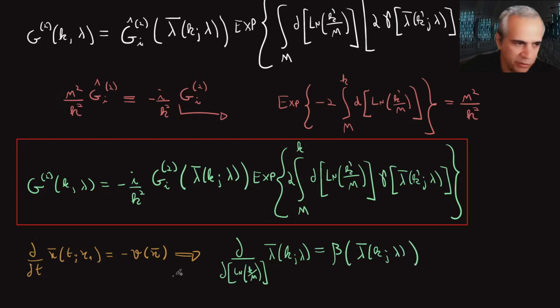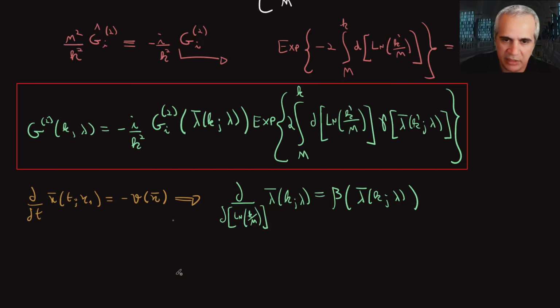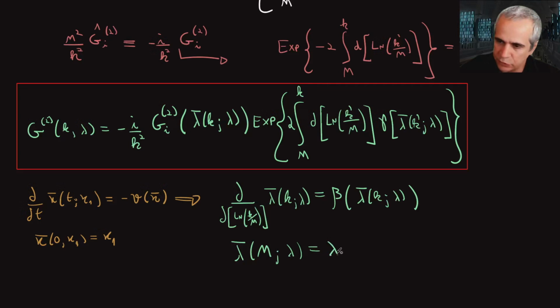With the initial condition, remember for this guy, the initial condition was that x bar of 0, x1 was x1, right? So that translates to lambda bar. Remember, time 0 means momentum equal to the renormalization scale. Lambda is equal to lambda, right?